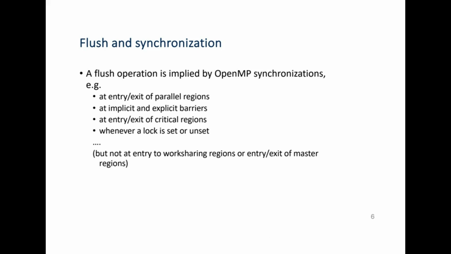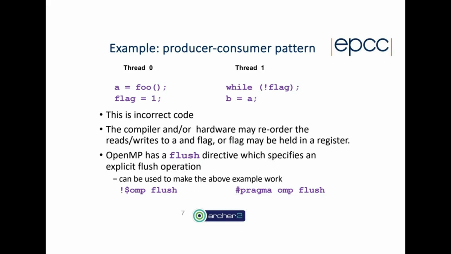So thank goodness, you say, okay, sanity has been restored. Whenever we synchronize threads in OpenMP, we also guarantee that the views of memory between the threads are made consistent with each other.